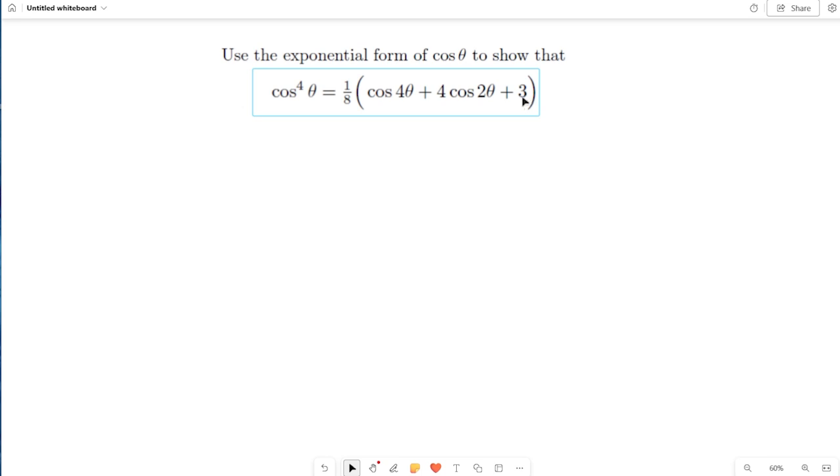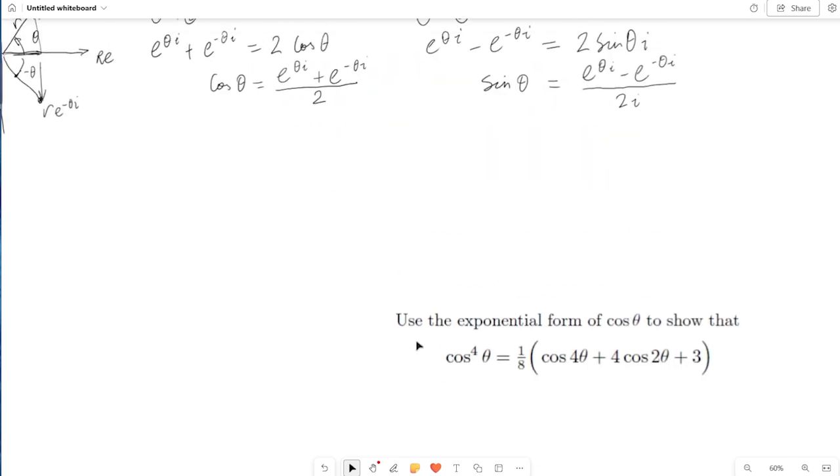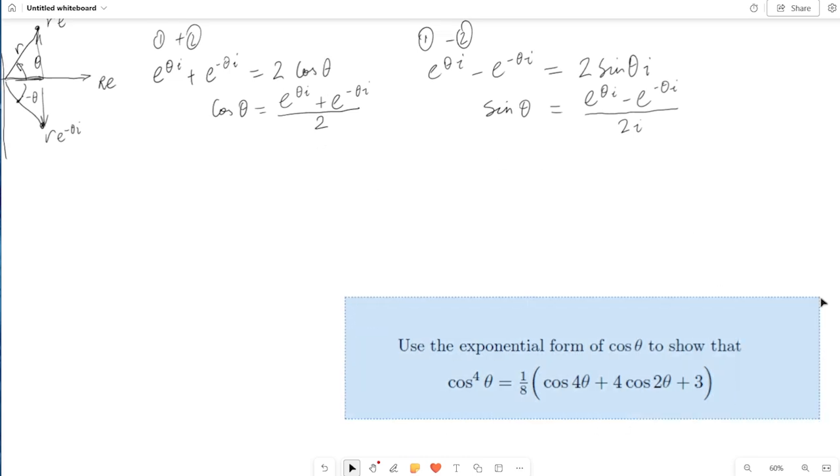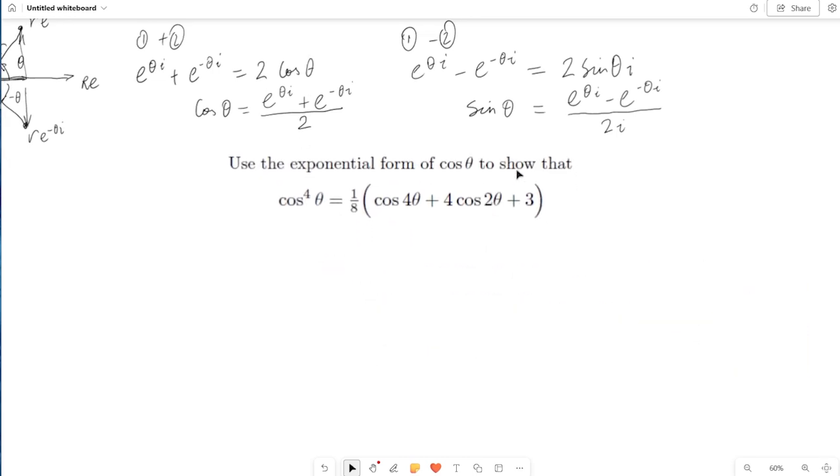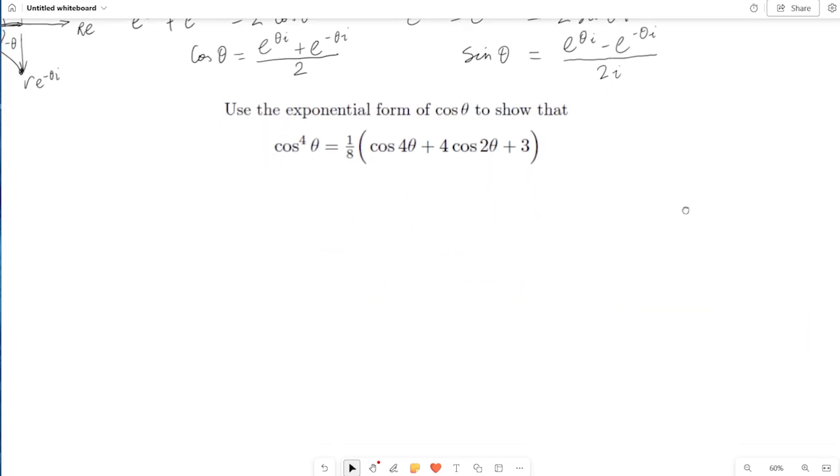Of course, if you really want, there are probably ways to do this purely relying on trig identities. But now that we have these relationships, it's probably wise to actually use them.